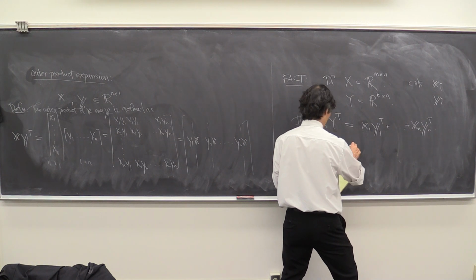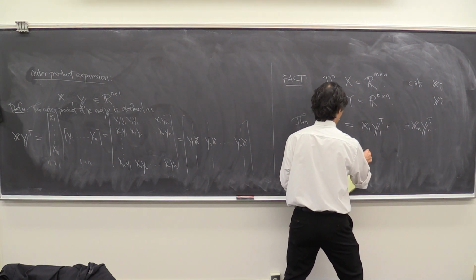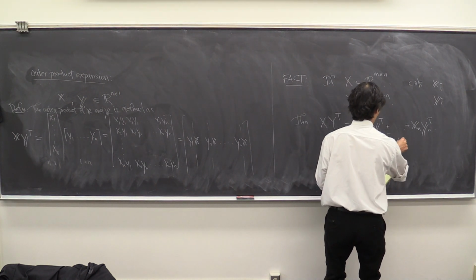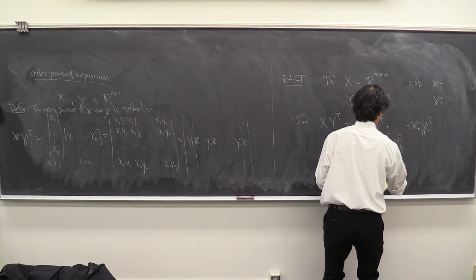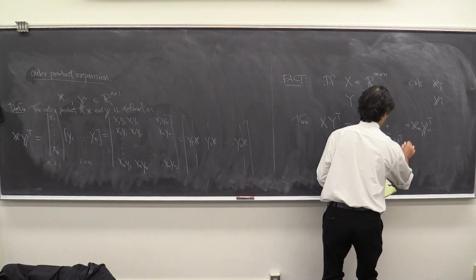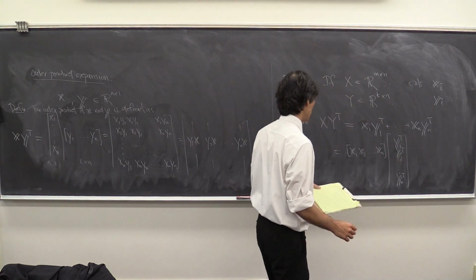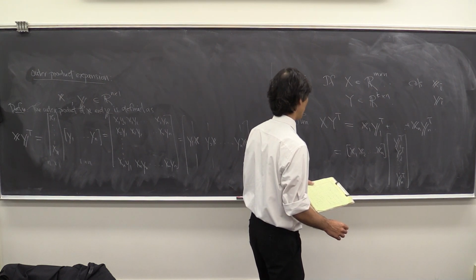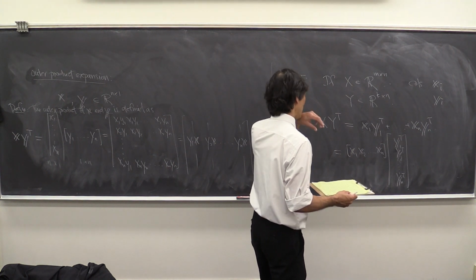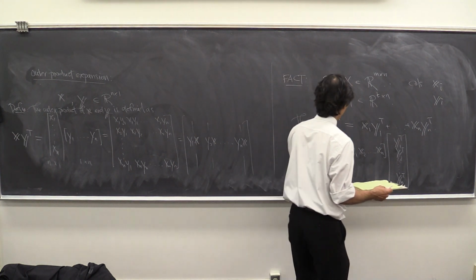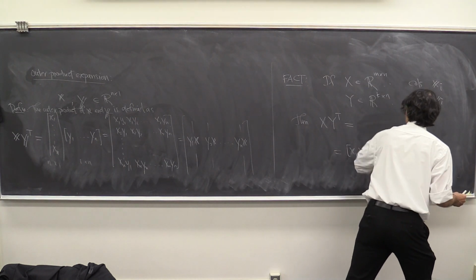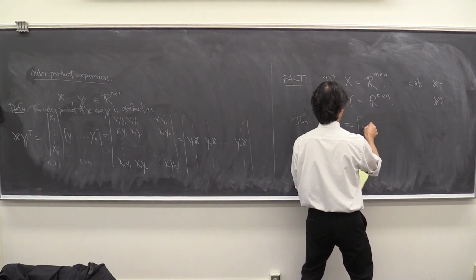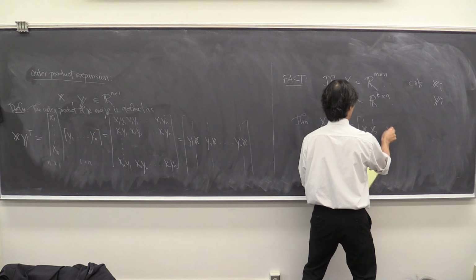The book abbreviates it as x1 through xn times y1 transpose, y2 transpose, through yn transpose. Actually, that makes sense, right? Because let me write it the opposite way. X is, of course, x1, x2, through xn.